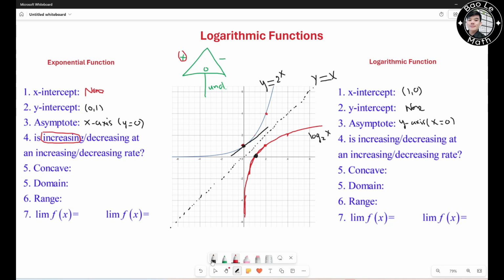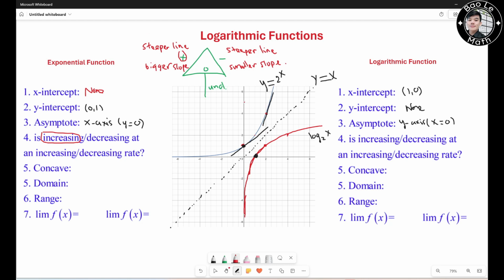Now, you draw another tangent line. I draw this one right here. Look at the left-hand side: if the line goes this way and the line is steeper, the slope is bigger. Now look at the right-hand side: if the line goes this way and the line is steeper, the slope is smaller. Now back to this question. You see that from bottom to top, the lines are getting steeper.